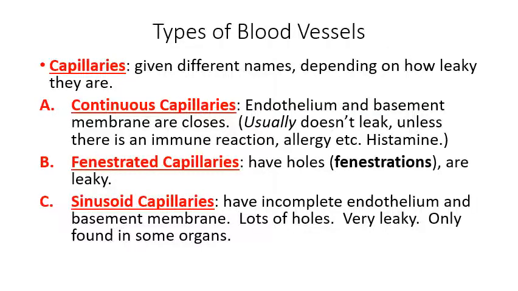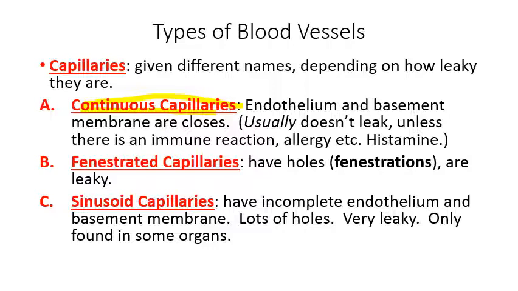All right, now we give the capillaries different names depending on how leaky they are. Some capillaries are leaky all the time, some are only leaky some of the time, and some are not very leaky at all. Okay, so continuous capillaries usually don't leak unless you have an allergic reaction that causes them to be leaky.